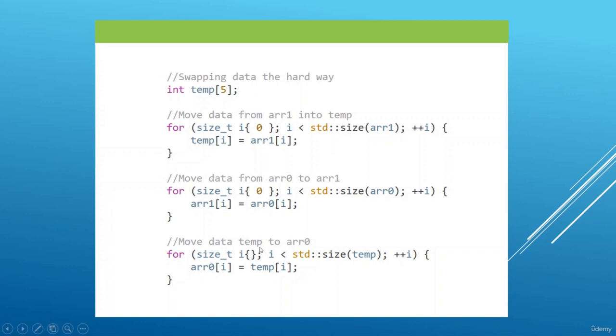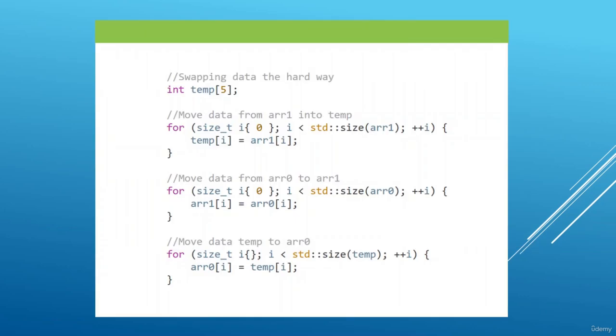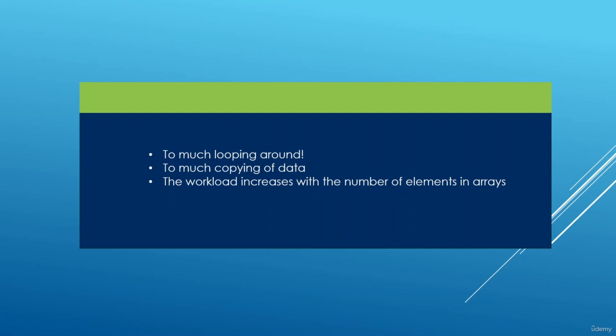We have learned about pointers and the relationship between arrays and pointers, and we can use that to simplify these kinds of operations. Okay, here is another slide showing the kinds of problems we could have with our approach here of looping around and copying data as we go. It is too much looping around. We are copying a lot of data, and it doesn't really scale well.